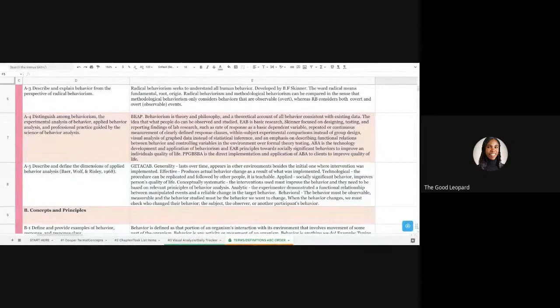Then we work our way up to experimental analysis of behavior, which was largely focused on by B.F. Skinner. Also, we have to remember Watson and Pavlov. That's earlier research, but Skinner was one of the major players in EAB, and he focused on designing, testing, and reporting findings of lab research, such as rate of response as the basic dependent variable.